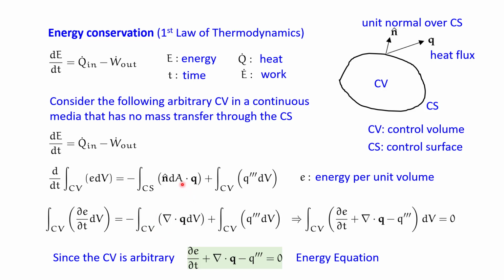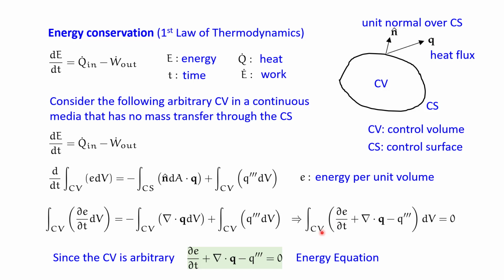In the Gauss divergence theorem, n dA dot q becomes del dot q dV. So now that we have three volume integrals, we take them together on the left side, and we have the integral of del e/del t plus del dot q minus Q triple prime dV, which is 0.